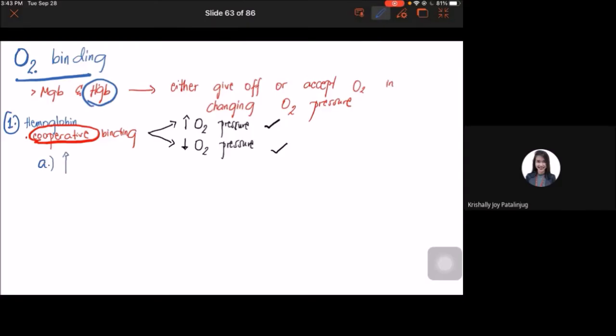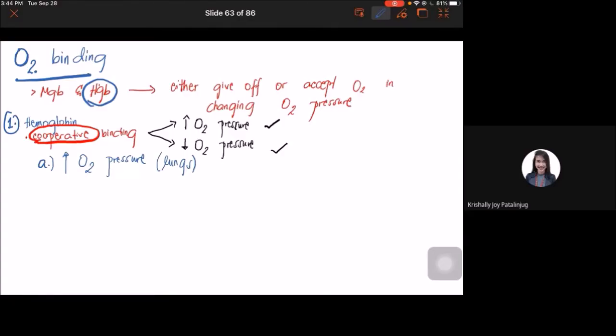When the surrounding of the hemoglobin has high oxygen pressure, meaning the environment is rich in oxygen, for example, in our body, an organ that is rich in oxygen would be the lungs. When we inhale air, oxygen naturally goes to the lungs, right?